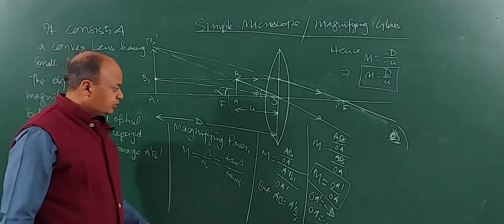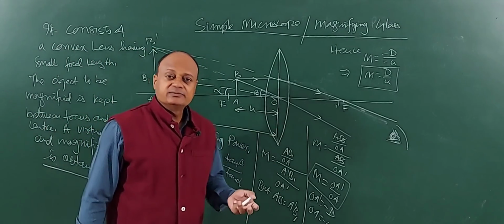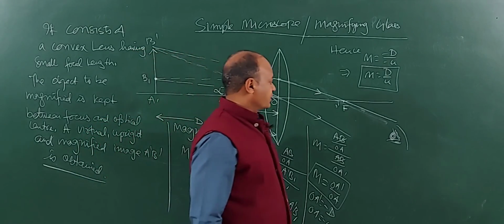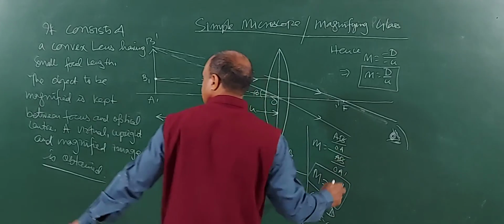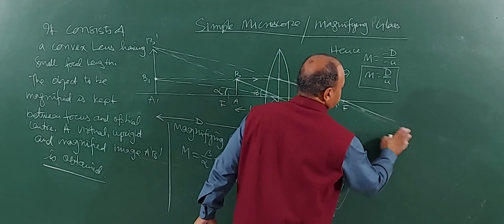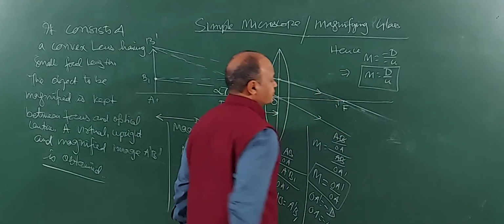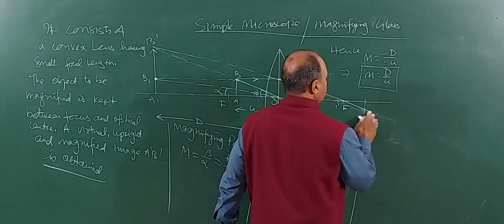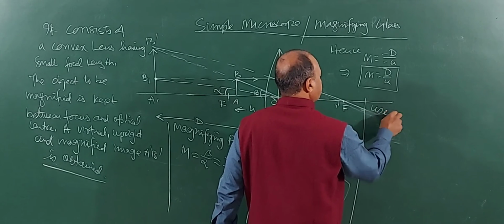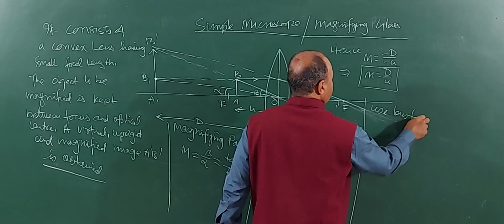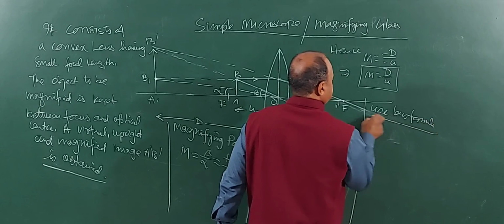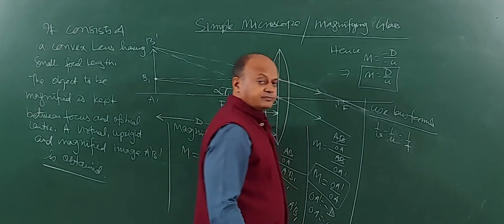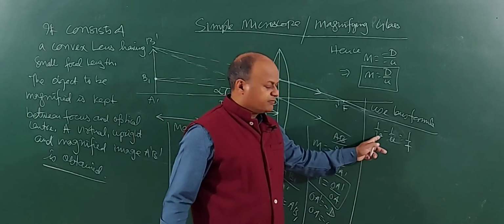Now this convex lens must have a focal length. So let's say the focal length of the convex lens is f. So what you can do is, I can erase this. I can use lens formula now. So using lens formula. And what is lens formula, children? 1 by V minus 1 by U is equal to 1 by F. So how much is V? V is how much?